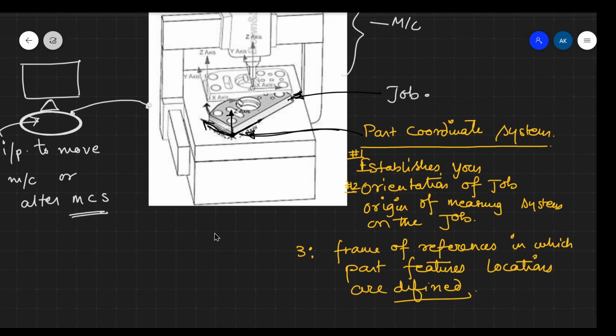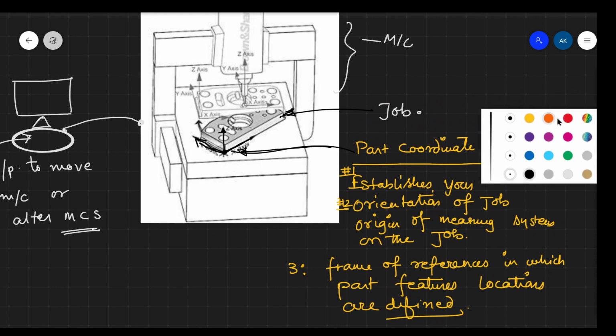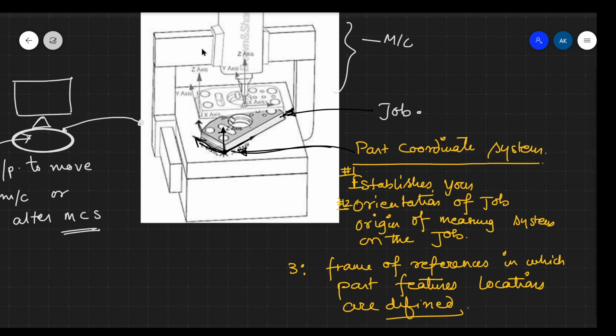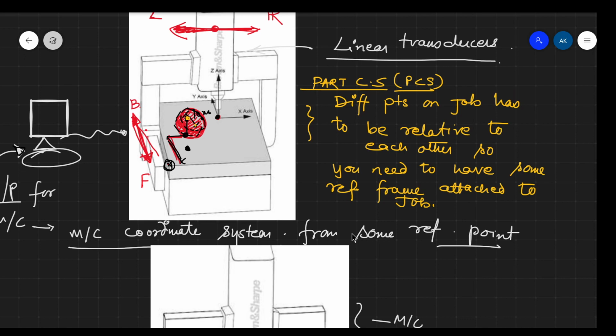So to move your machine, now what you can do, one alternate method can be that you can align this job with the coordinate axis of the machine. Now in the above picture I can show you that this was the machine coordinate system: x will be in this direction, y will go back, and z will be in the direction of tool movement.